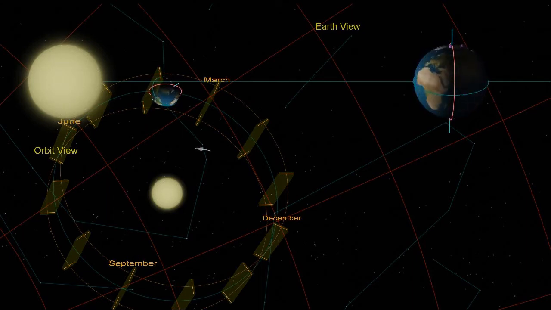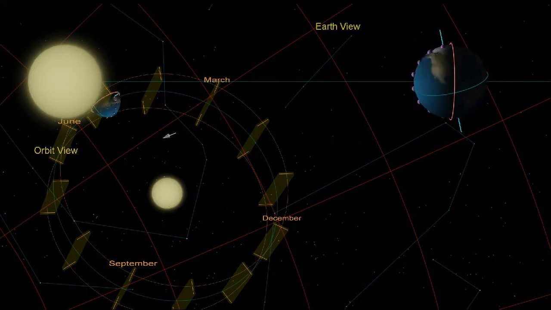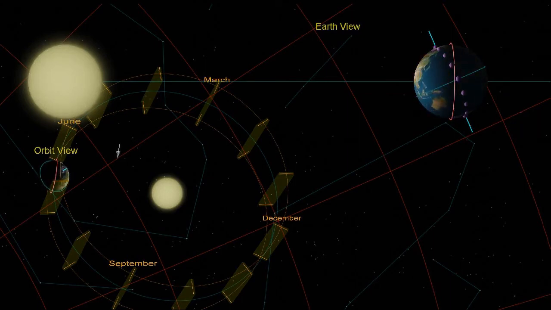Our calendar stays in tune with those markers, the equinoxes and the solstices. Moving around to the solstice again, around the 21st of June.